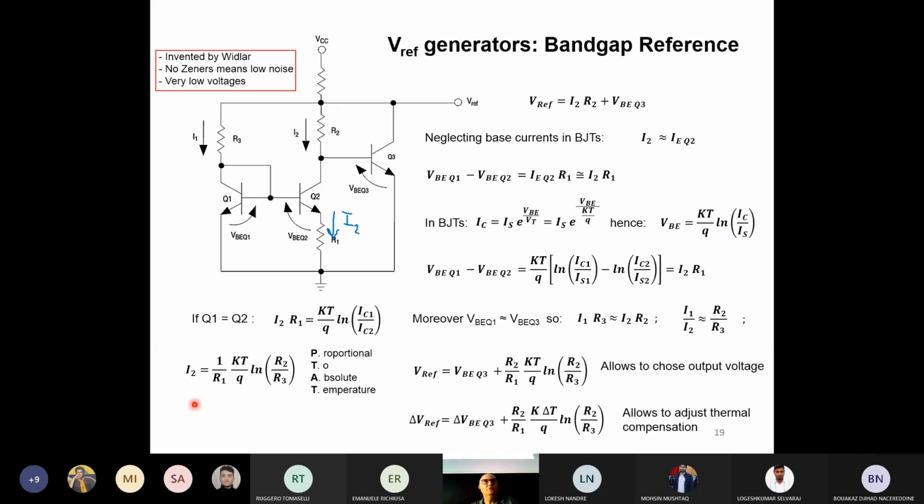Apart from what we are going to do now, having a current which is proportional to absolute temperature is why it is called by its acronym PTAT. When you talk about a PTAT generator, it's something which uses this.